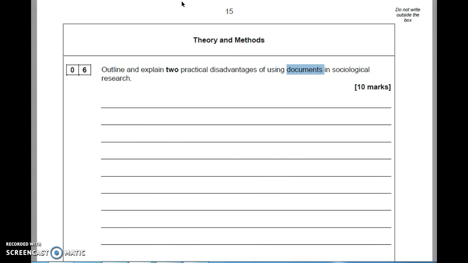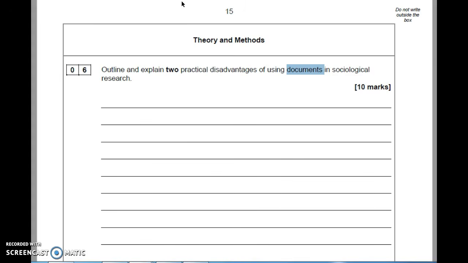That is a practical problem, an issue of cost. But this is also going to distort the research, because people might have submitted letters which were fake for a kick-off. So again, linking it into Scott's criteria, they might not be authentic, and also it might not be representative of all letters.